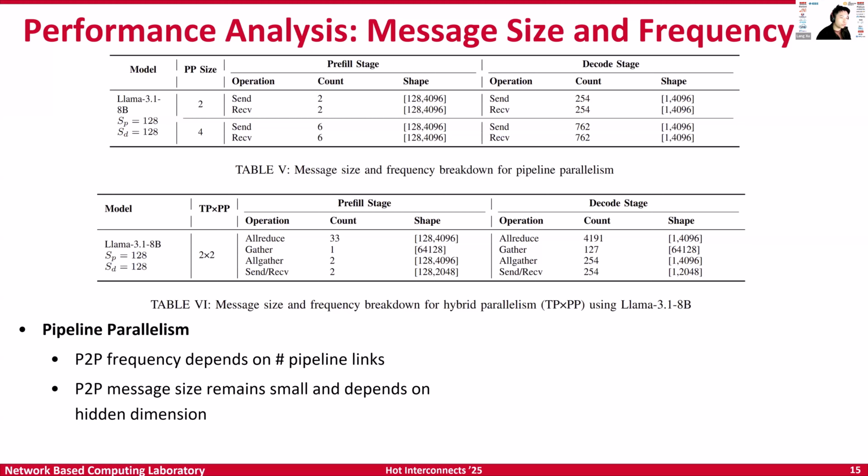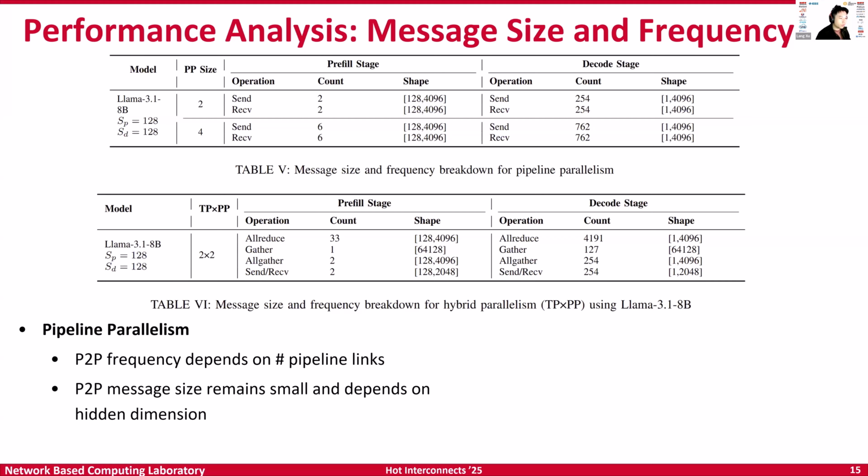For the prefill stage, processing the prompt in a batch, there will be only 2 sends and 2 receives, which are K and V. And if we look at the decode stage, it's pretty obvious that we can match it to our formula: 254 divided by 2 is 127, which is the decode sequence length minus 1.